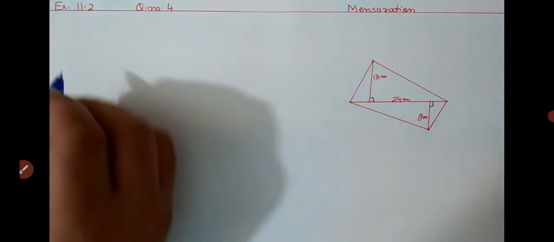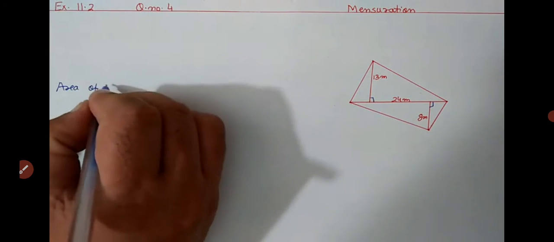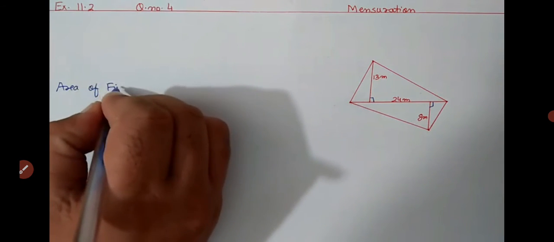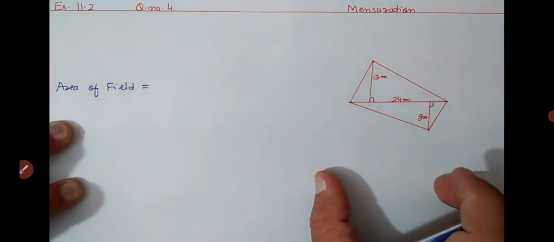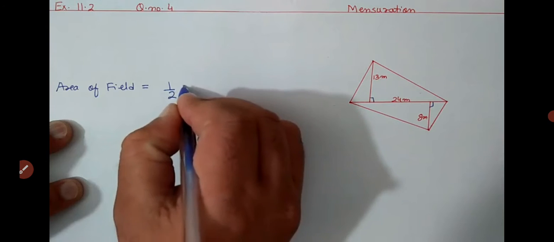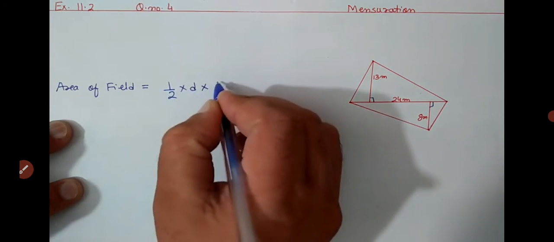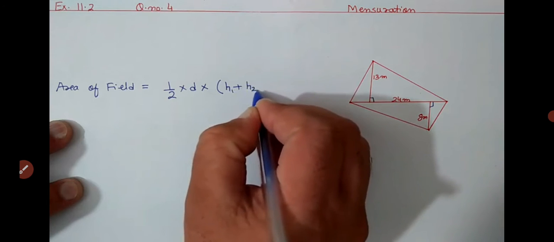Understand? Now the area of the quadrilateral field is 1 by 2 into D into (H1 plus H2).